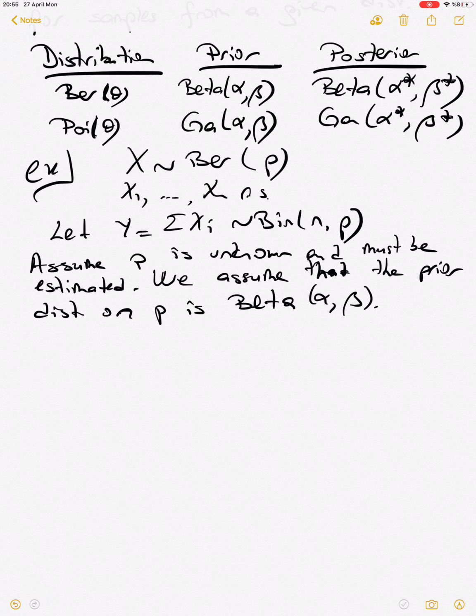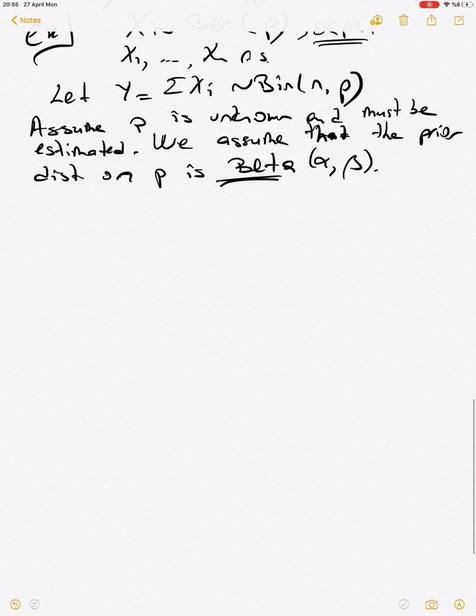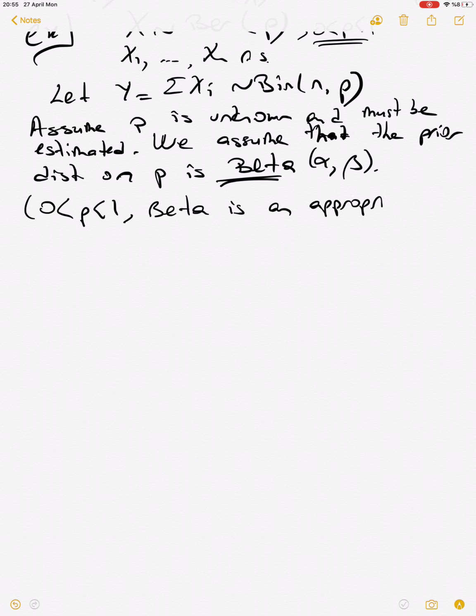Because if you look at the range of p here, it is between 0 and 1. And what is the range of the beta distribution? It's also 0 and 1. So the ranges should coincide basically. So it is a proper prior distribution for p, an appropriate choice as a prior distribution.